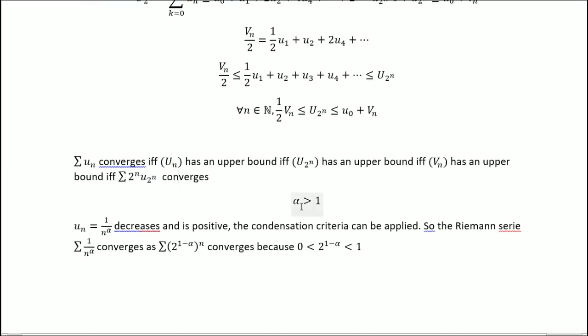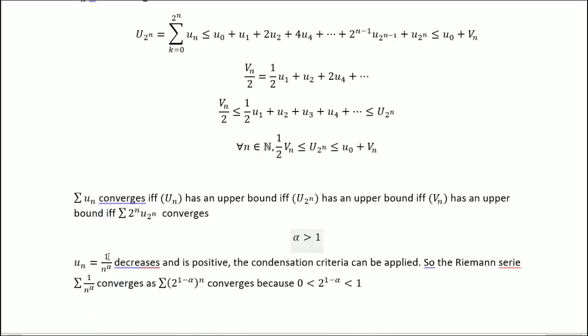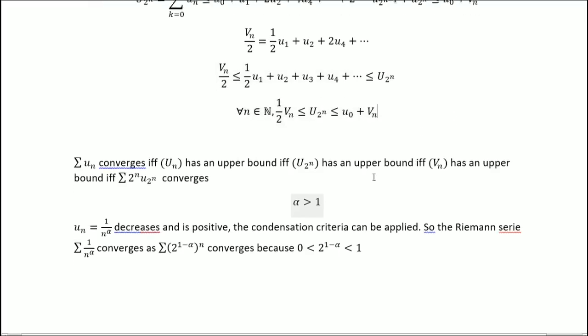If alpha is superior to 1, the sequence u_n equal to 1 over n^alpha is decreasing and positive, so the condensation criterion can be applied. So the Riemann series, the sum of 1 over n^alpha, converges if the sum of 2^((1-alpha)n) converges, by what we used before.